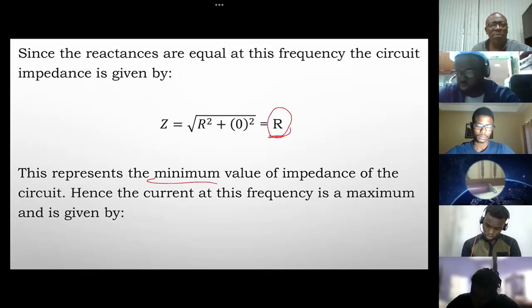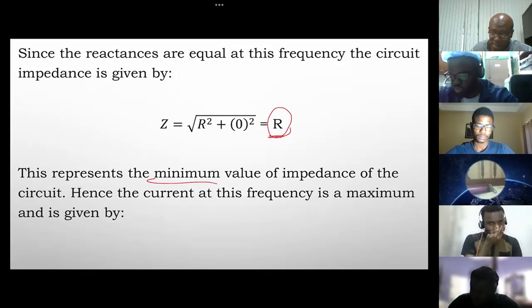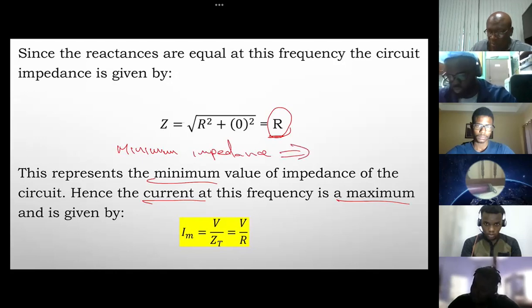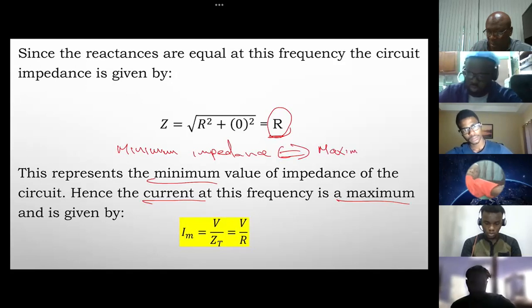And if we have the minimum impedance in the circuit, then the current would be a maximum. So at resonance, we have minimum impedance, and this corresponds to maximum current.